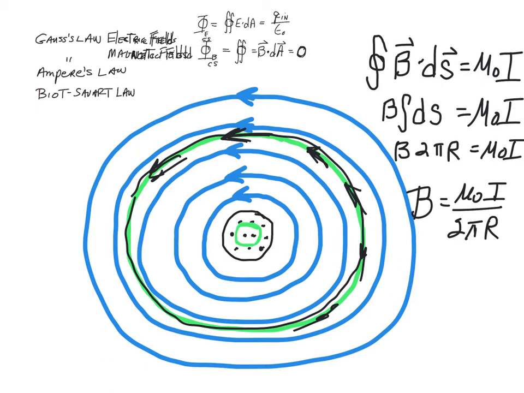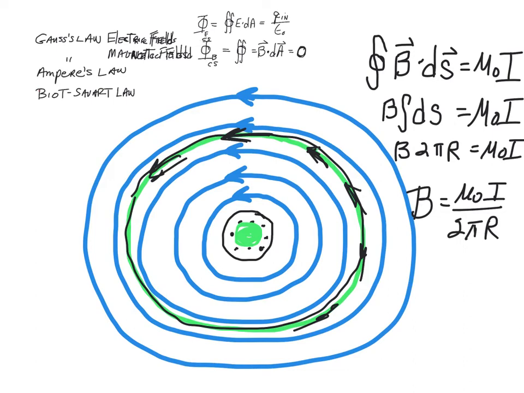And in that case, as we integrate around the loop, only the current inside the loop would be included in the I. And I'm not going to work that through, but that leads to a very simple result that gives us the magnetic field inside a current carrying wire. So there's two applications of Ampere's law, and notice how the law works, and you should be able to answer question 2.